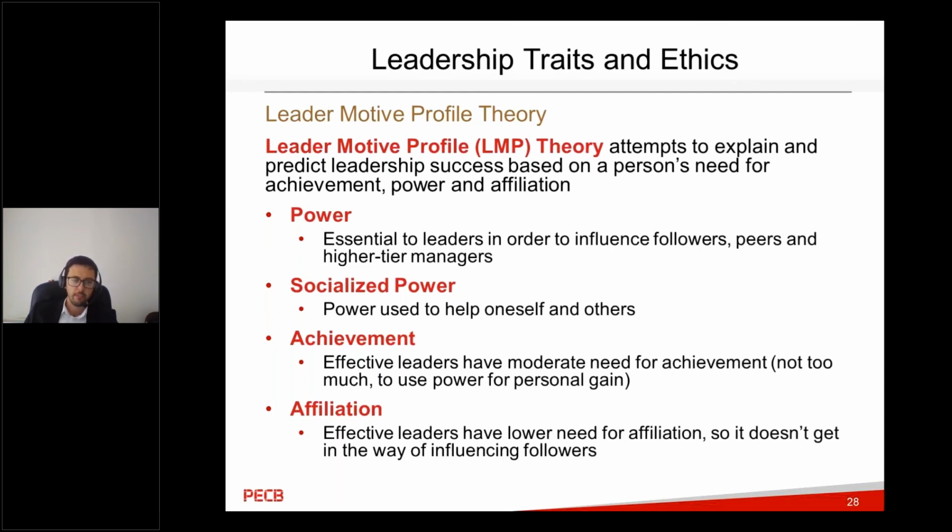So leaders with high need for affiliation usually tend to have a lower need for power, and they are reluctant to play the bad guy role, such as disciplining others if they did something wrong, or they are more reluctant to change because they don't want to disturb the status quo or the status of established and functioning relationships with people.